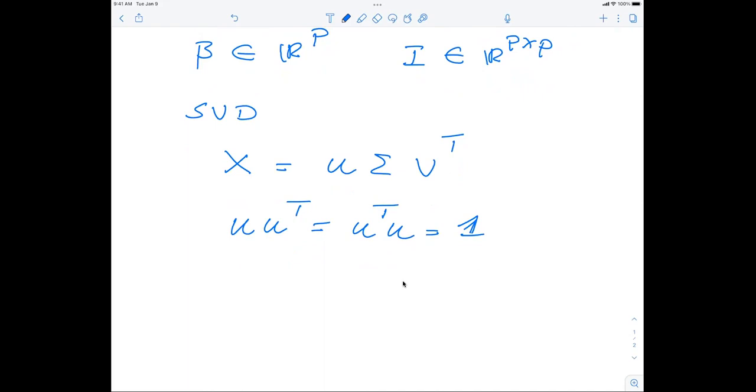This is something we are going to use when we look at how to interpret the ridge and ordinary least squares. And then the matrix V is also an orthogonal matrix, alternatively it can be unitary.